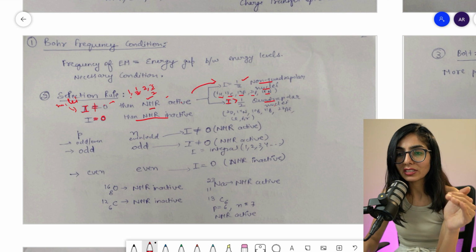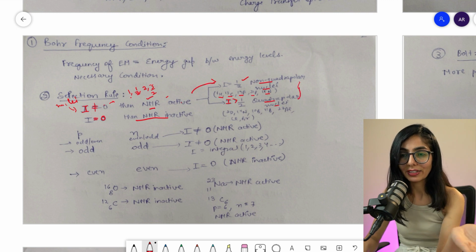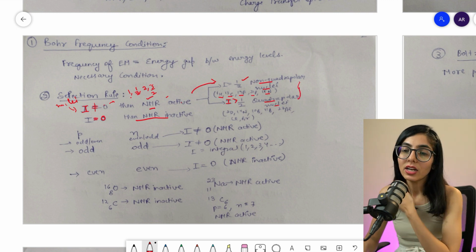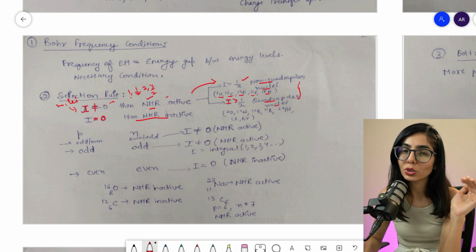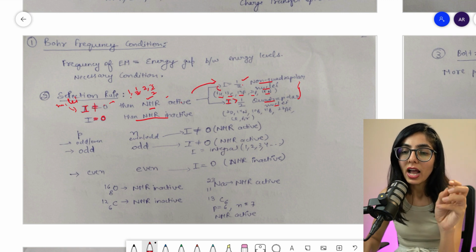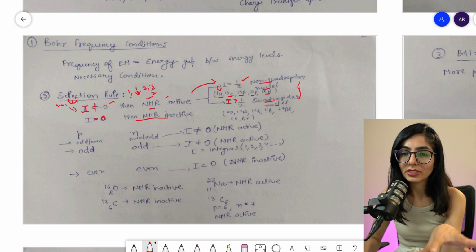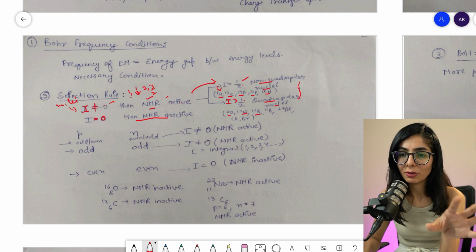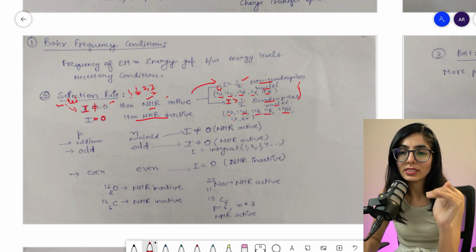I'll tell the difference between these two later on in a later lecture. For now, just go with it. I greater than 1/2 examples are 2D, 14N, 10B, 11B, 27 aluminium, chlorine, bromine.